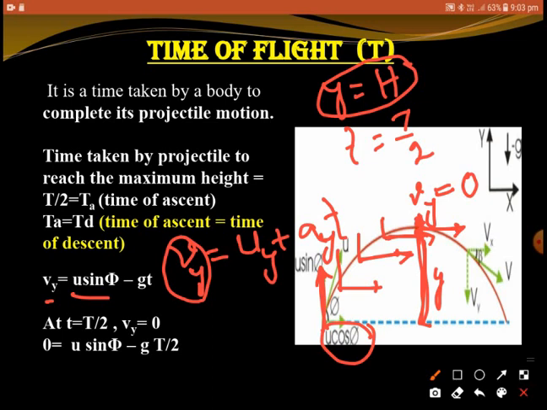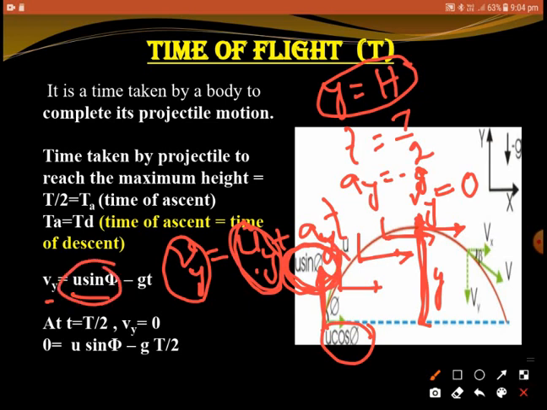But for this one, uy will be u sine phi, you need to place it, and ay will be equal to minus g. Got it? If you put all those things here, then uy is equal to u sine phi, the initial velocity along the y-axis. If you put ay as minus g, it will come up like this.